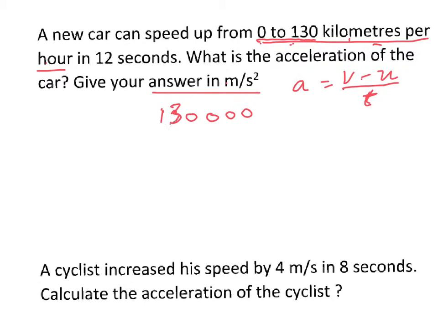So you have 130,000 meters, and this happens in an hour. If you convert the hour into seconds, every hour is made up of 60 minutes, and each minute is made up of 60 seconds. So that would give me the speed in meters per second.